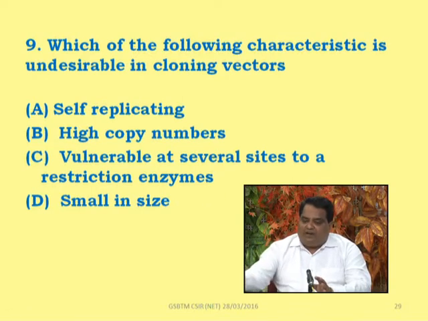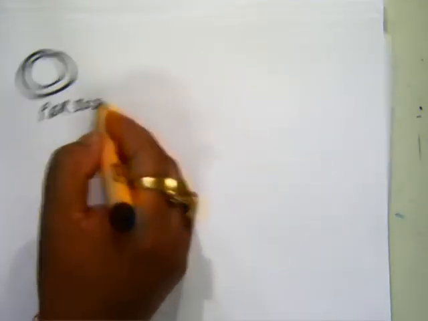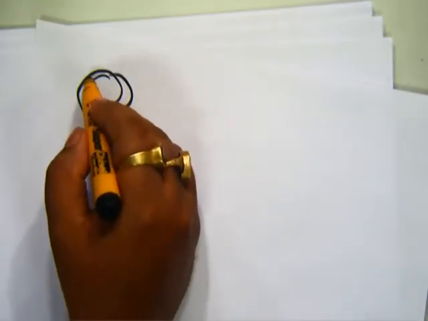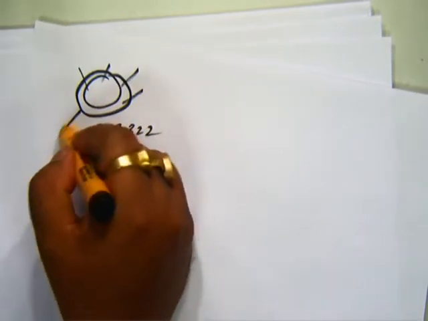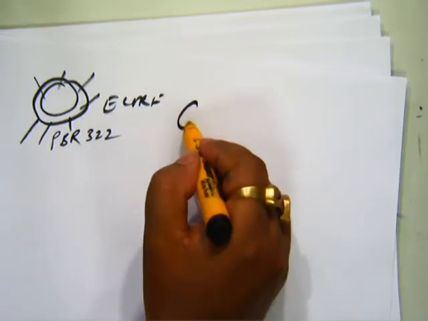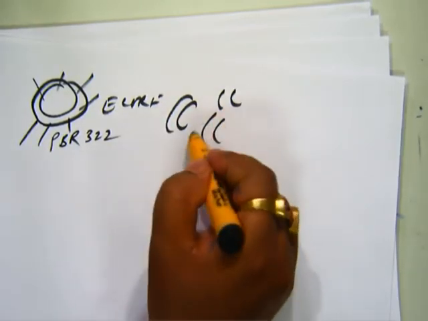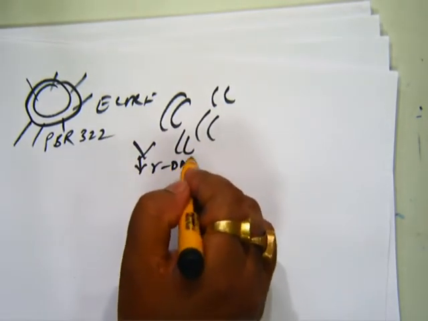If it is vulnerable at several sites, suppose this one is pBR322, and if it is vulnerable at restriction sites everywhere, and we use suppose EcoRI, then what happens? This vector will be fragmented, and therefore it is not possible to construct our DNA.